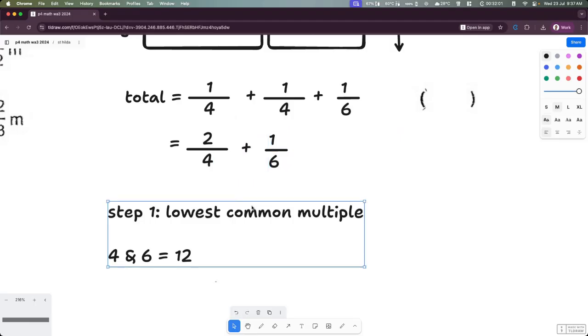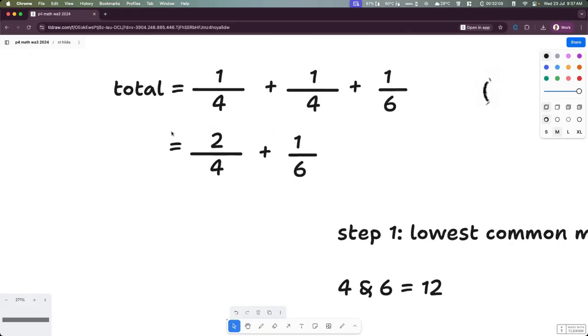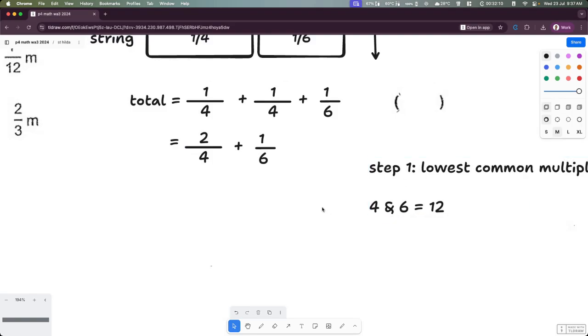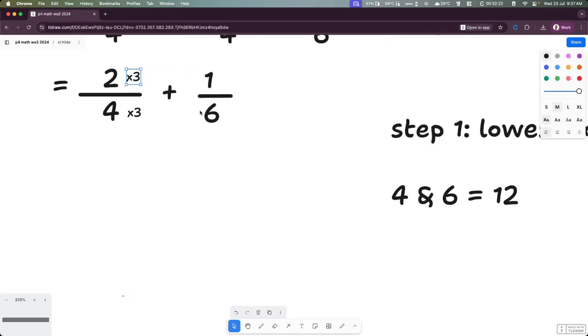Still 4 and 6, but from here you can make the lowest common multiple denominator into 12. 4 times what equals 12? 3, so times 3. So we have 4 times 3 and 2 times 3 as well. And what times 6 equals 12? Times 2, and times 2 as well.